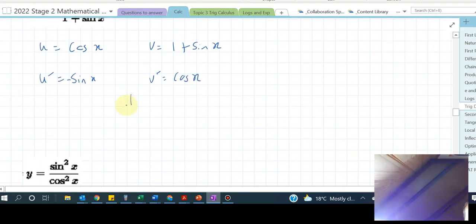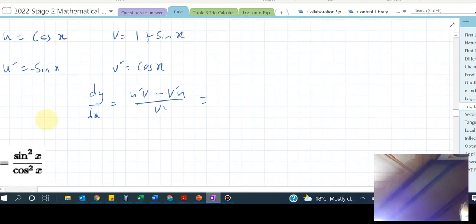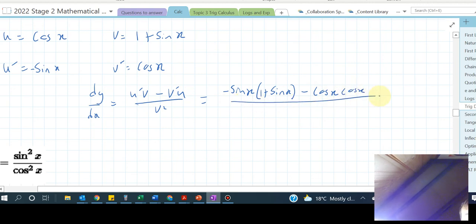Then, dy dx is u dash v minus v dash u over v squared. This is u dash, so minus sine x times v, bracket 1 plus sine x, minus v dash, cos x, over v squared, which is 1 plus sine x squared.